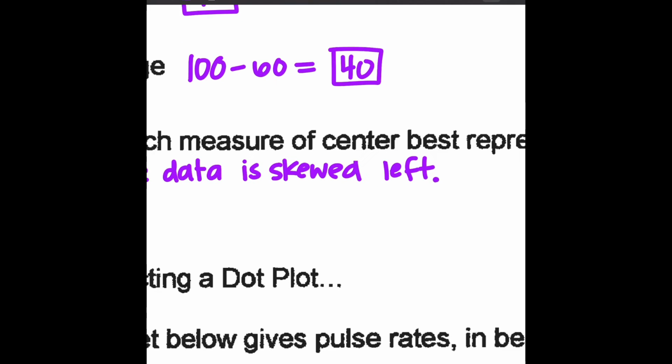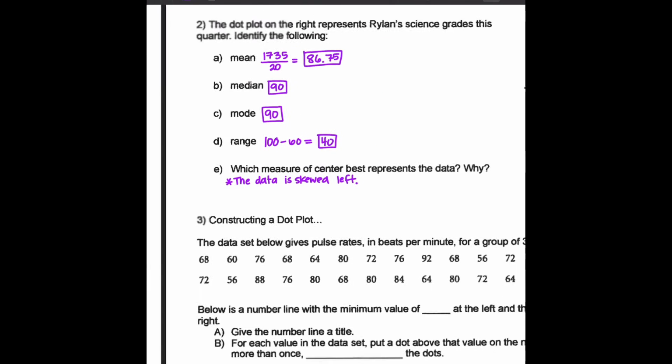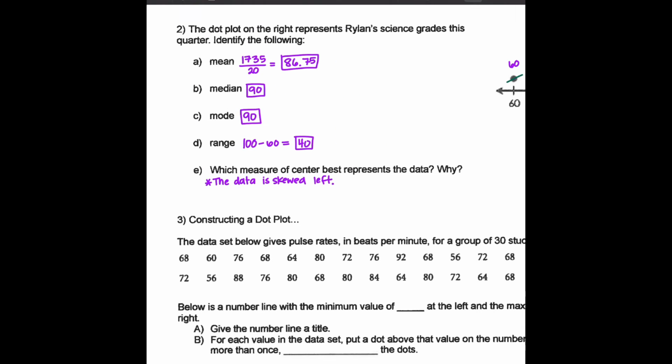I know this because most of the data is on the right. I also know this because I can compare my mean to my median. Okay, so when data is skewed left, the mean is smaller than the median. And when we look at it, 86.75 is definitely smaller than 90. So it just confirms that the data is skewed left.